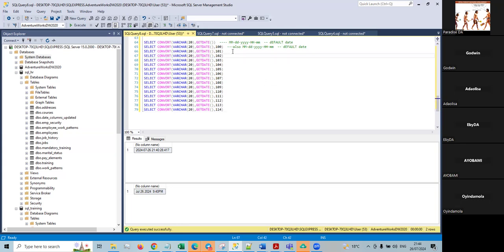This here is the American format of writing dates. This here is the common format, the one we commonly use. This gives us the time only.